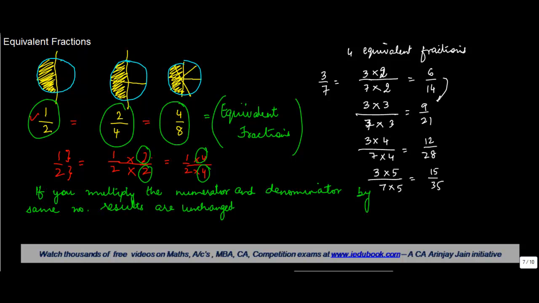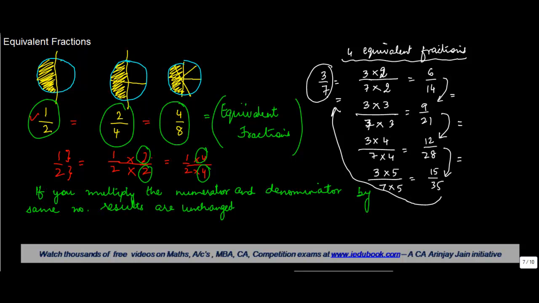So 6 by 14 is equal to 9 by 21 is equal to 12 by 28 is equal to 15 by 35 is equal to 3 by 7. So that way we can get equivalent fractions of a given number by multiplying both the numerator and the denominator by the same number.